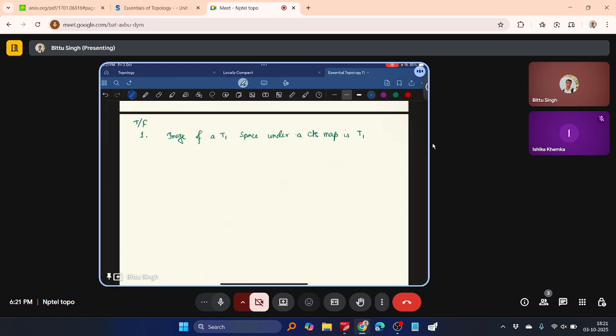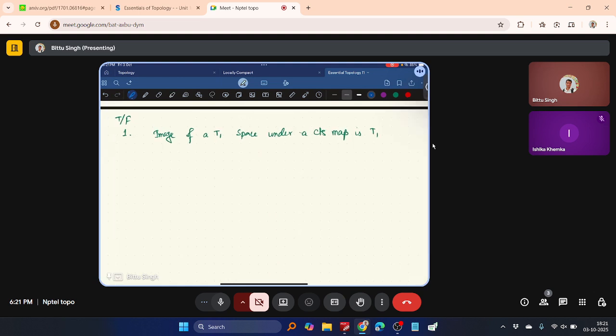So let us see some problems. This problem says the image of a T1 space under a continuous map is T1. Is it true or false? The answer is false, because we can create continuous maps such that the image under that map may not be T1, though the domain is T1. The easiest example is this.